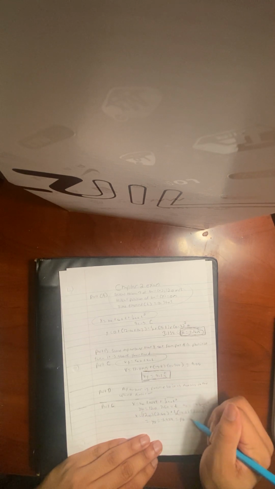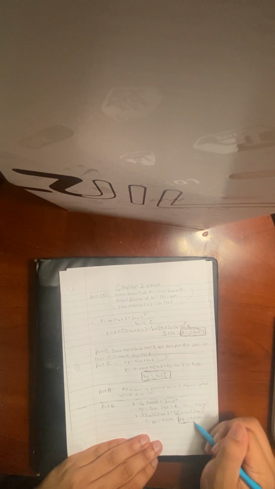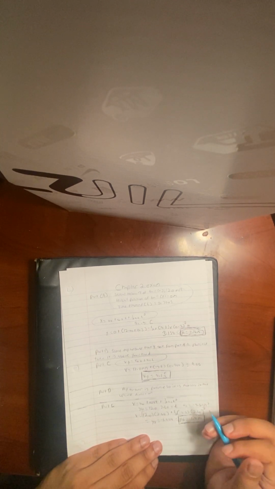Okay, so after plugging all this in, we will get y2 equals negative 1.924, round, not the square root, round the number, my bad, y2 equals negative 1.9 meters. And this is your answer for part E. And that's how I got it.